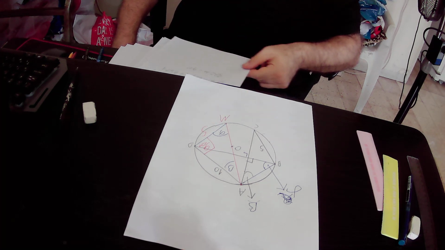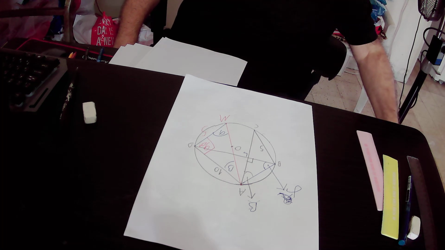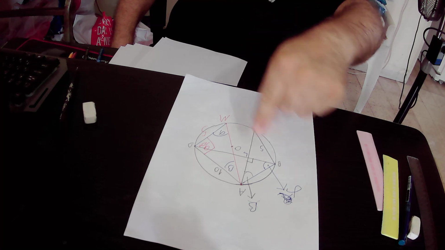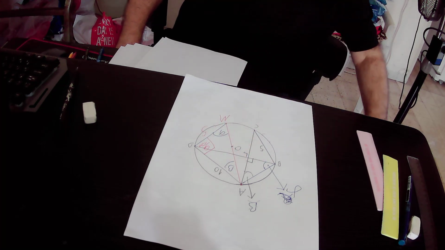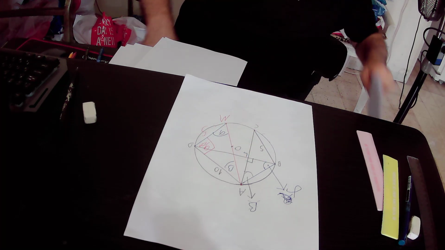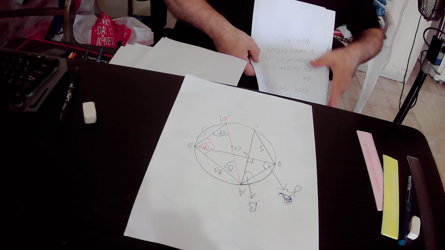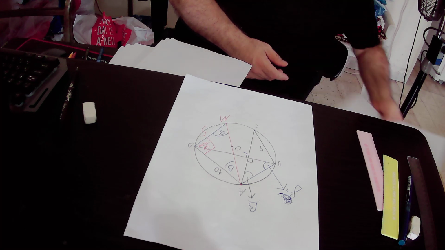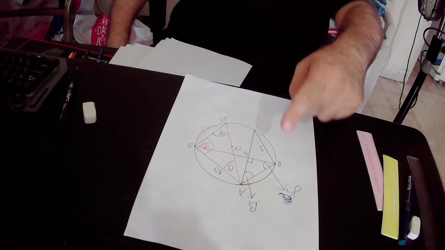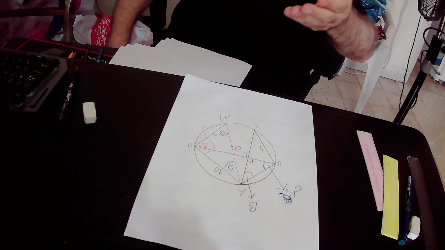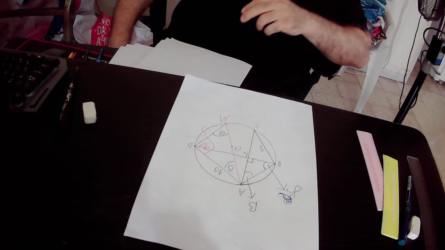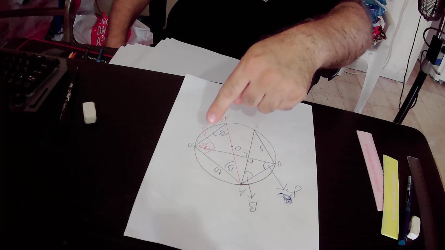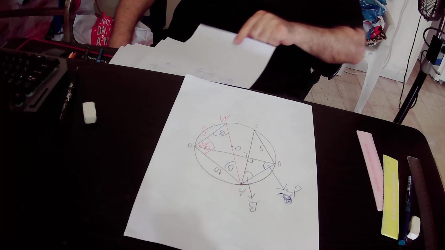Okay, and we defined angle DMA as alpha and angle MAD as beta, and we know that the sum of the angles in any triangle equals 180 degrees, and especially it is true in the right triangle MAD. That is to say, alpha plus beta plus 90 degrees equals 180 degrees.